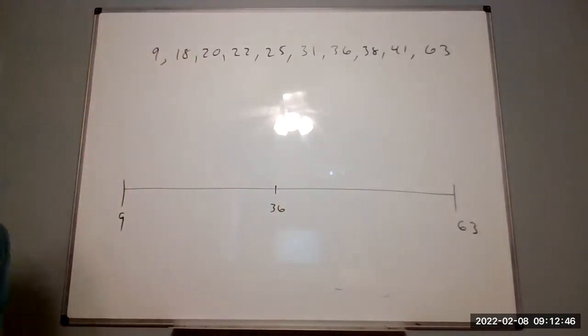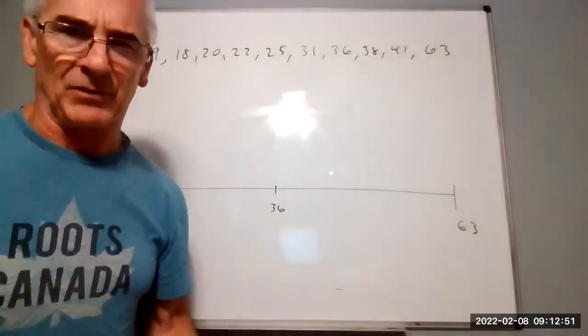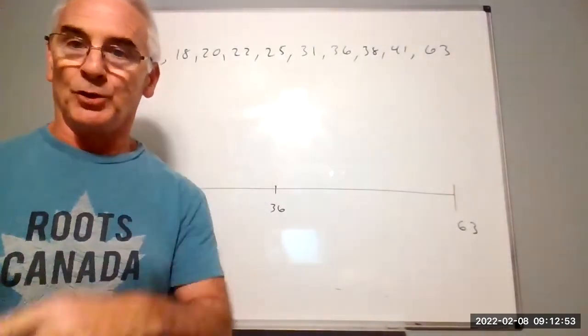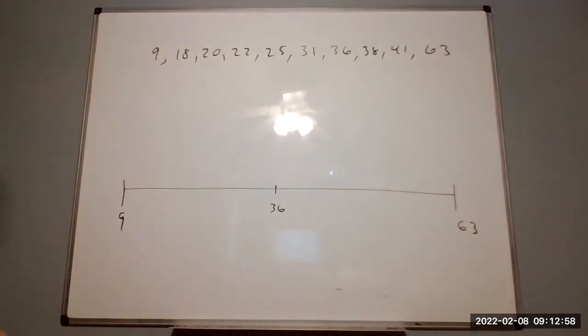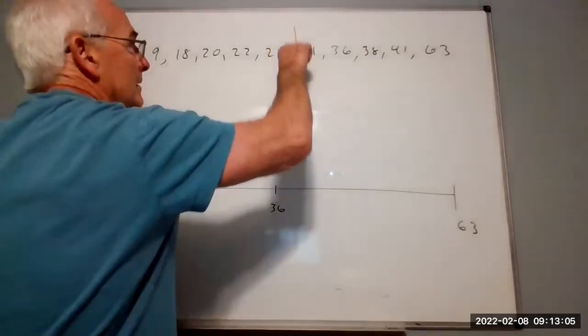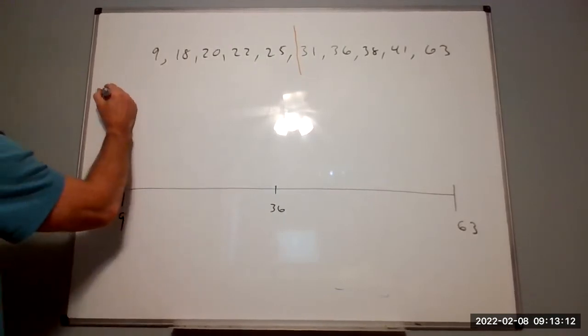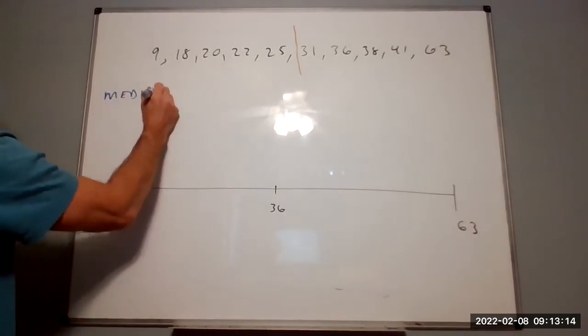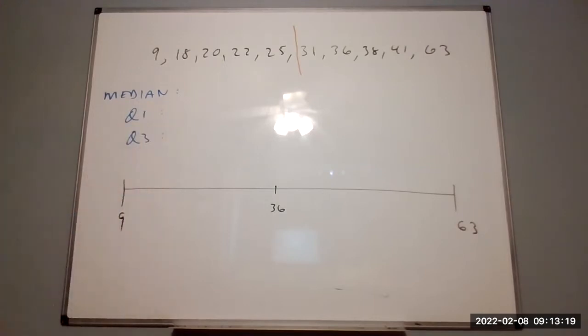Now let's find all of our things. I want everybody on your own, because it shouldn't take very long. I want you to find the median, Q1, Q3. Let's do that first. I gave you 10 scores, so it should be fairly simple for each one of these. The median, Q1, Q3. All right.